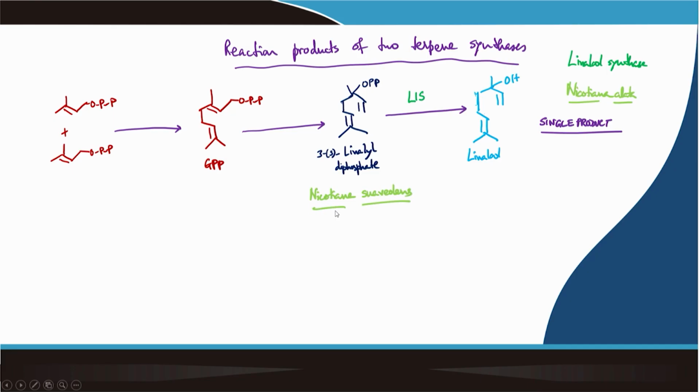In Nicotiana suaveolens, what happens is that this linalyl diphosphate undergoes, or takes part in, the formation of multiple products. So multiple products means I put an arrow here.